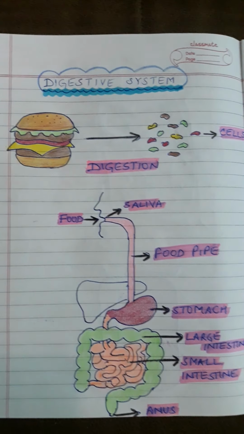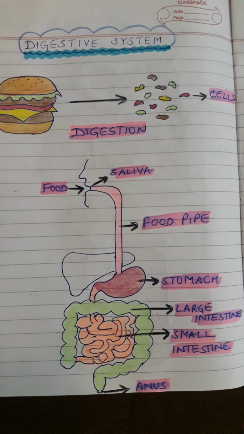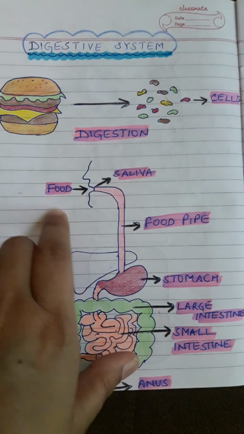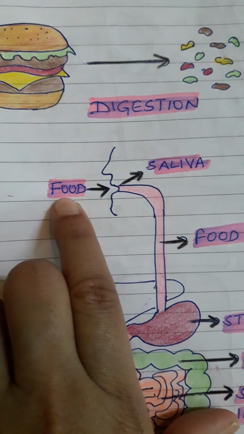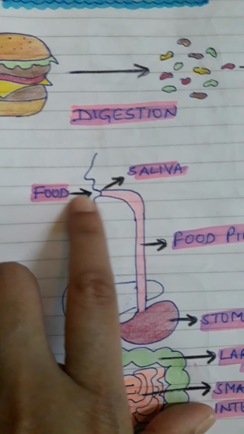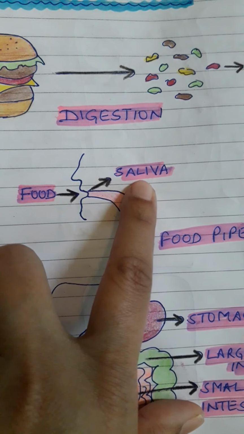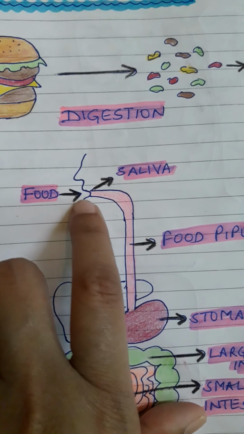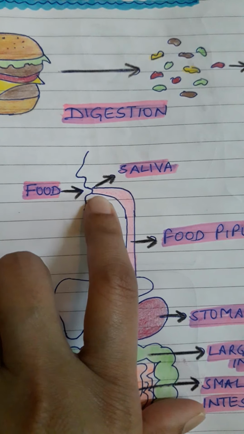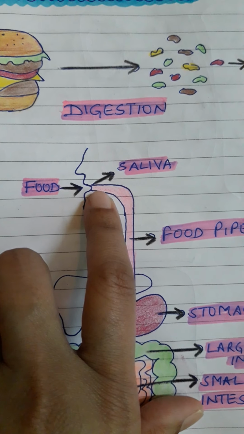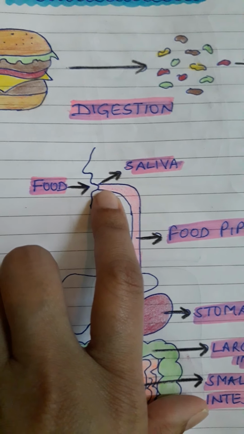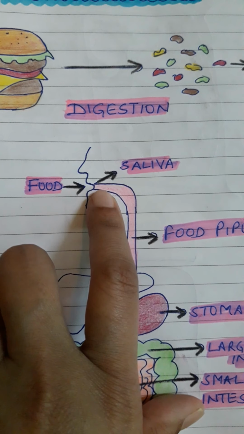Now, how does digestion take place in our body? We eat food from the mouth. The food enters the mouth, and in the mouth there is saliva. Now what is saliva? When you think of something tasty, your mouth starts watering. Now that is saliva, correct?